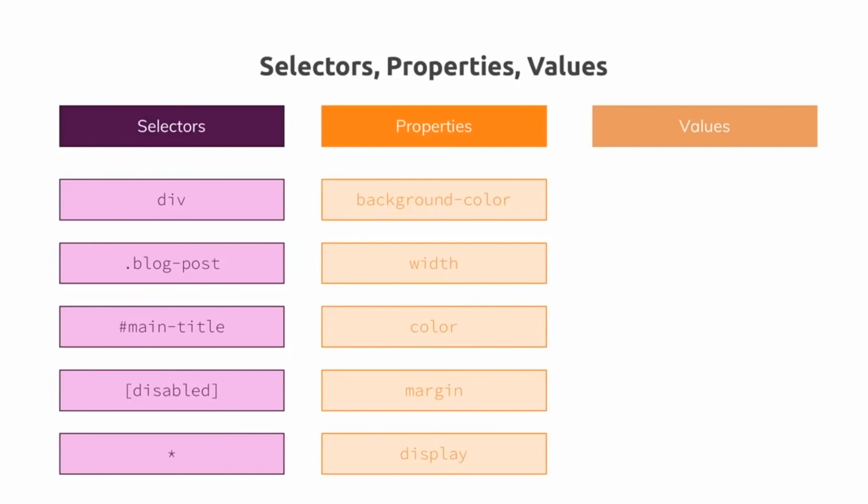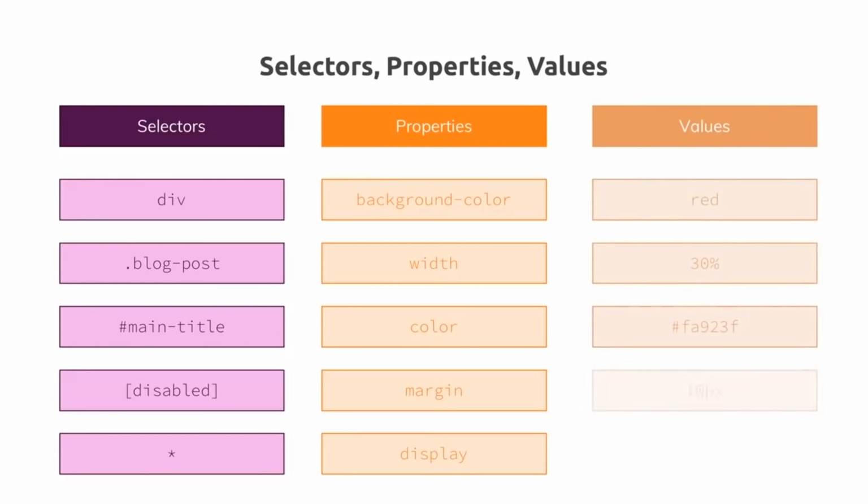It's connected to that, of course, though. Width, color, margin, display. Here are also a couple of properties we haven't used before. We will use them throughout the course. Values then are things like red, percentages, colors and hex codes, pixels, or clearly defined values like block. Again, these are things we will also see throughout this course.